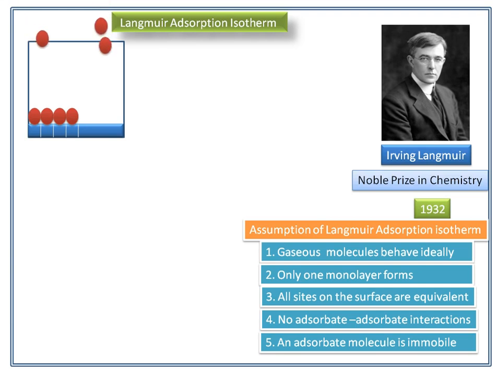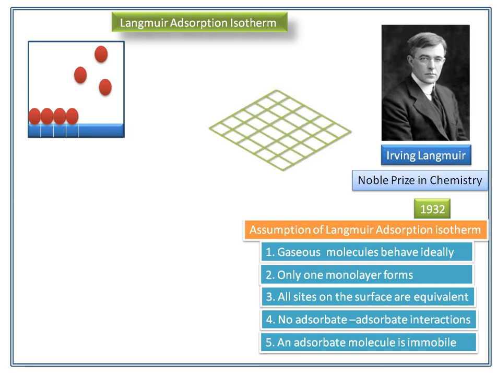It is assumed that every adsorption site is equivalent. The ability of the gas molecule to get bound there is independent of whether or not the neighboring sites are occupied. In this schematic diagram showing the equivalent sites of the metal surface, we can see how the gas molecules are adsorbed on the equivalent sites of the metal surface.